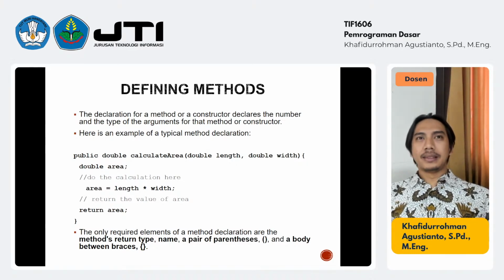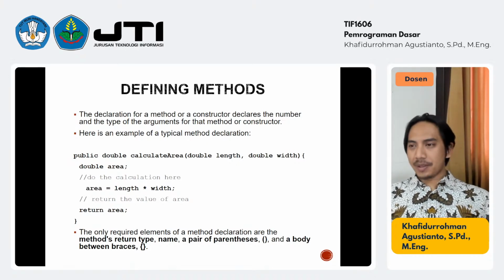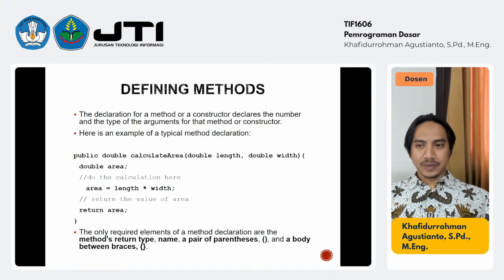Then in the methods, as with a variable, we can define three types: public, private, and also protected. Which type we should use depends on your purpose.